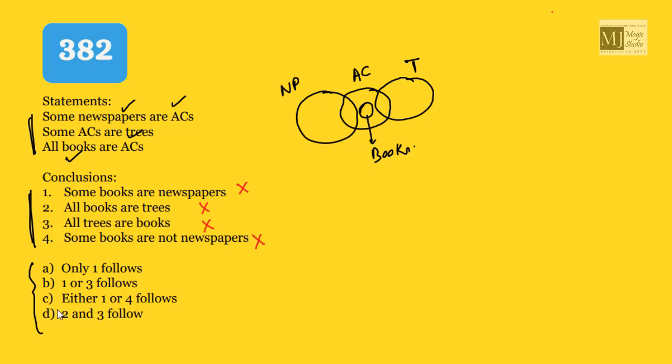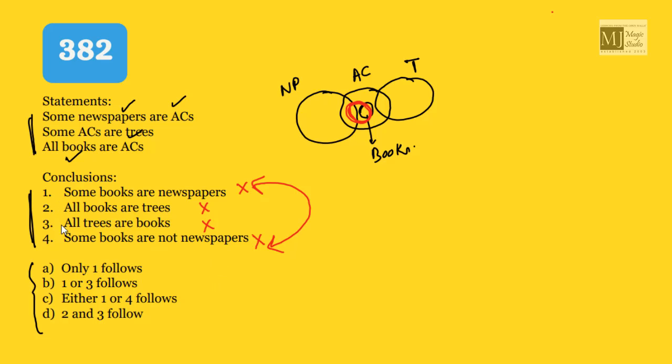But there is one option which says either 1 or 4 follows. Are 1 and 4 complementing each other? Some books are newspapers. We can draw a diagram like this, where all books are ACs. Then we can say that some books are newspapers. And when some books are newspapers, some books are not newspapers is also true.